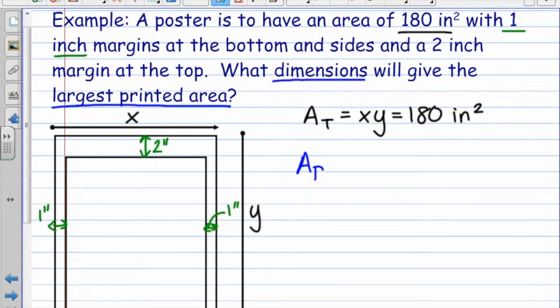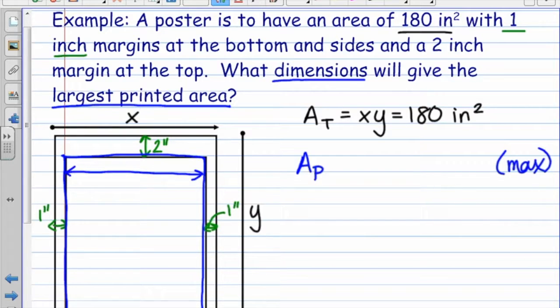So I need the equation of the area of the printed area. That's the equation I'm going to want to take the max of. So that blue rectangle is my printed area.